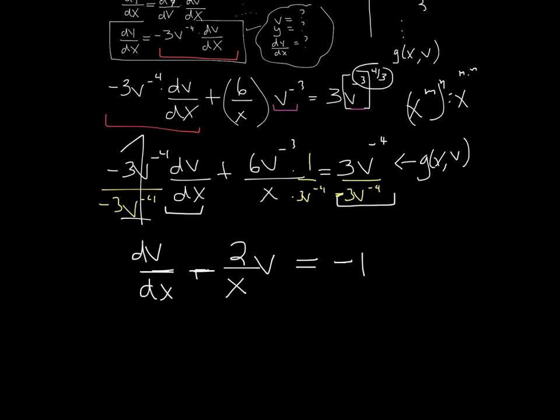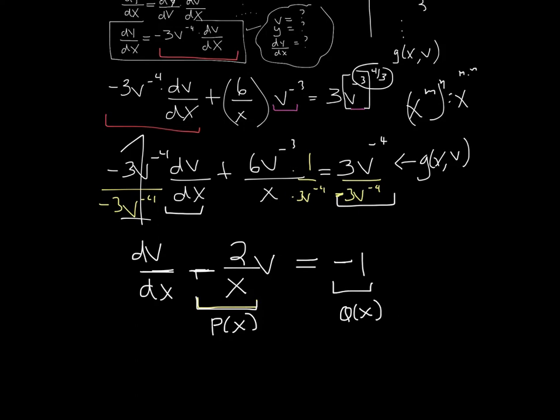Okay, so this differential equation is linear. How do we know it's linear? Well, here's our p of x, and this is q of x, but more importantly, this is our Bernoulli equation, and remember, when you have a Bernoulli equation, if n is 0 or n equals 1, then you know it's linear. Where's our n in this case?